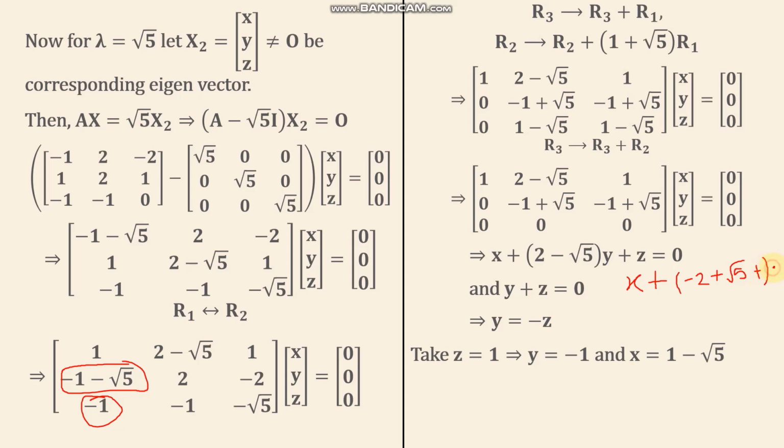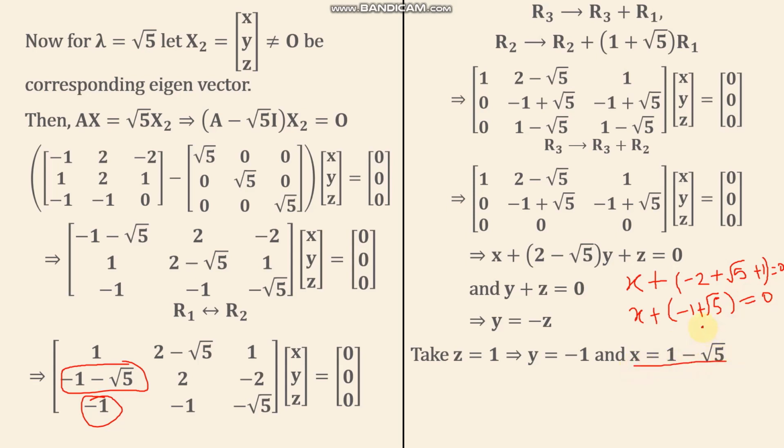This is equal to 0. So minus 2 plus 1 will give me minus 1, right? So it is minus 1 plus root 5 equal to 0. So from here, we get the value of x to be 1 minus root 5.